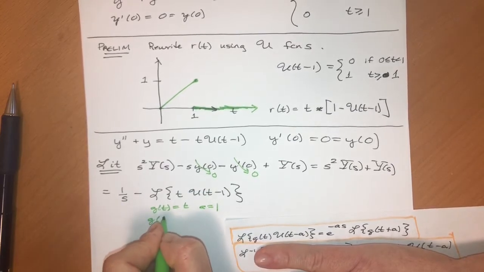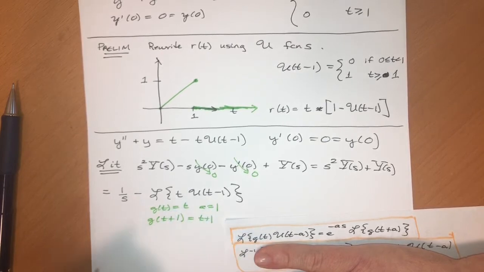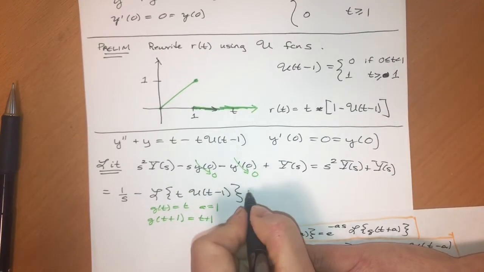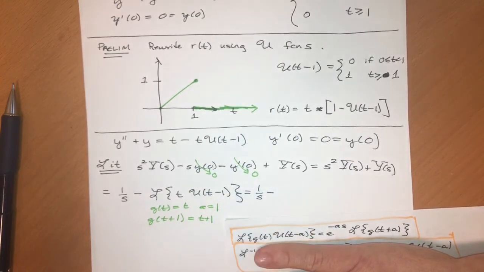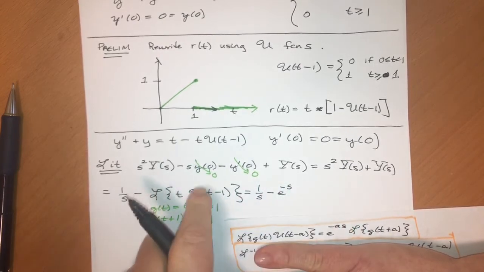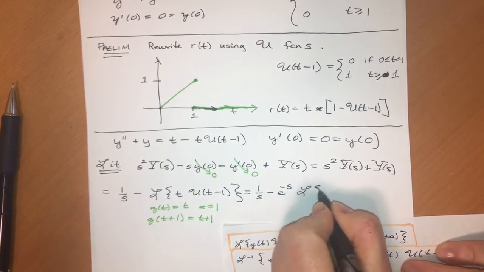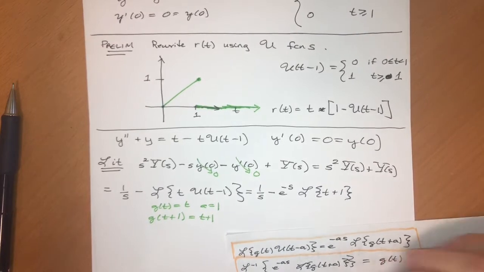So g of t plus 1 is t plus 1. And that means that on this side of town I have 1 over s squared from before minus e to the minus s, that takes care of this piece, and then I need to Laplace my g function but shift it over to t plus 1.